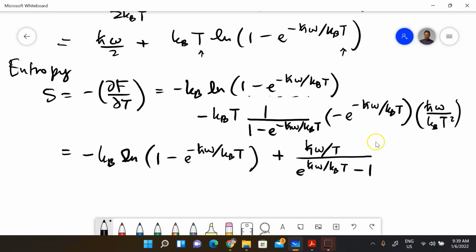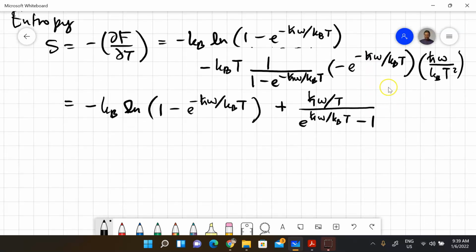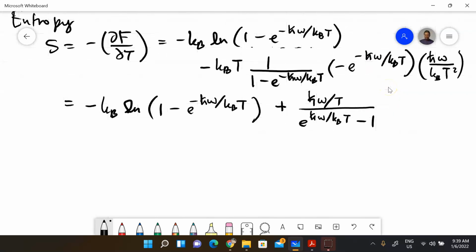Okay, the next thing that we want to calculate is essentially your heat capacity.